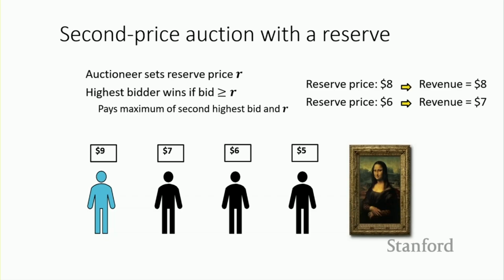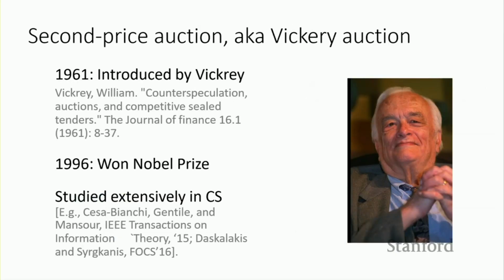Okay, so now lots of people have worked on this. We're going to see lots of Nobel Prize winners, actually. It's one of those areas where, not surprisingly, a lot of economics Nobel Prizes have worked specifically on mechanism design kinds of questions. In particular, the second price auction is sometimes also called the Vickrey auction.